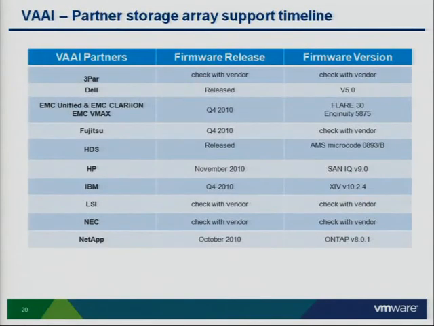Currently, these are the storage partners listed in alphabetical order, to be fair, with the firmware release, target release, and the firmware version. Now, I was talking to someone, and I believe EMC have just released today the FLARE 30 for the CLARiiON to support VAI. But please check with your storage vendor for the exact time frame and firmware version.